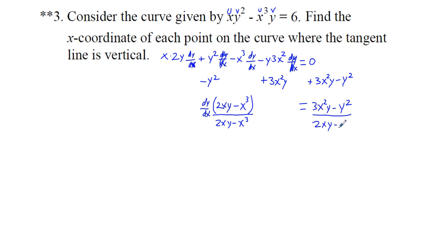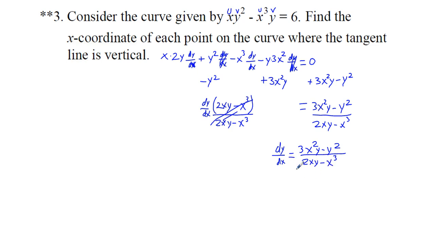And so canceling, we have dy dx is equal to 3x squared y minus y squared over 2xy minus x cubed.